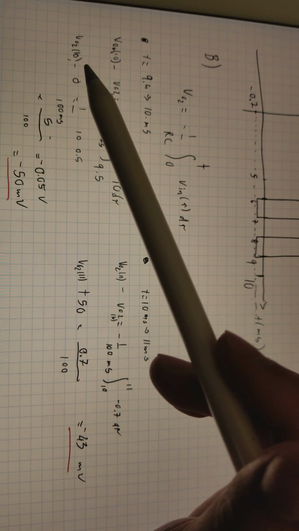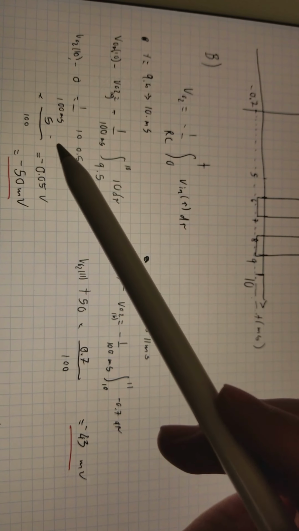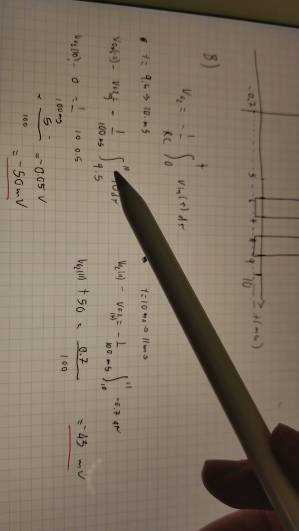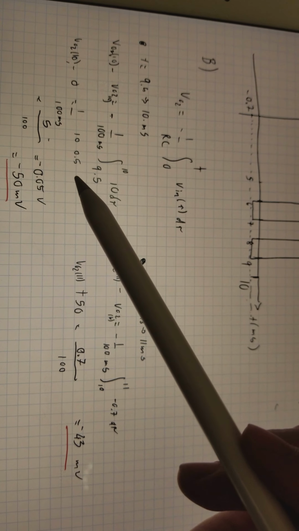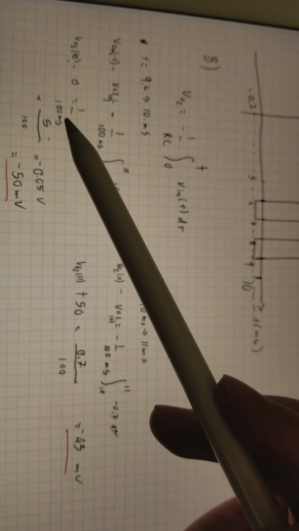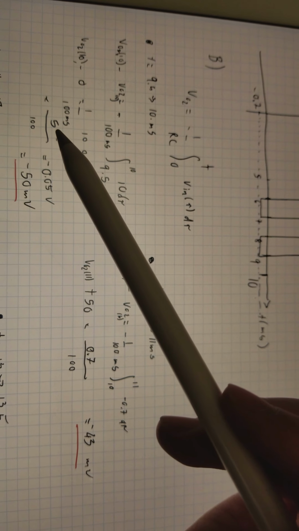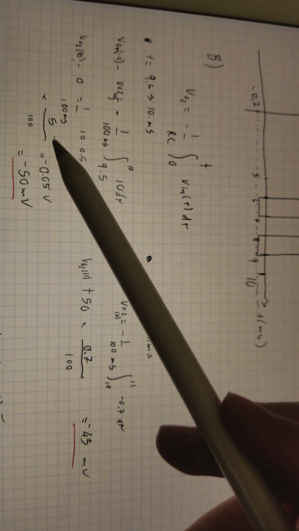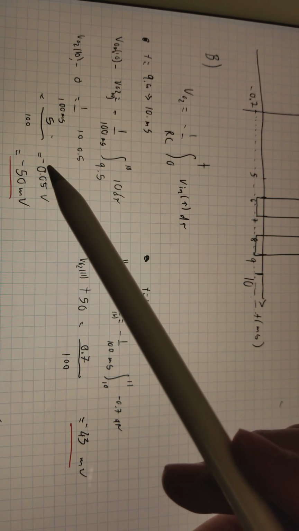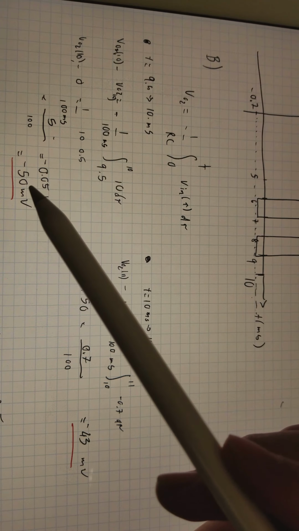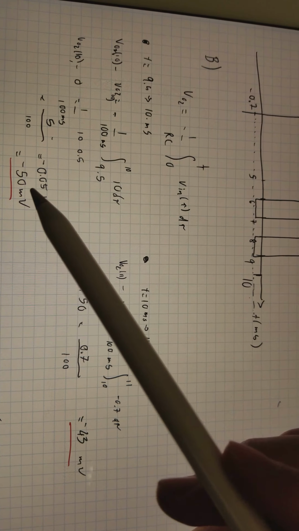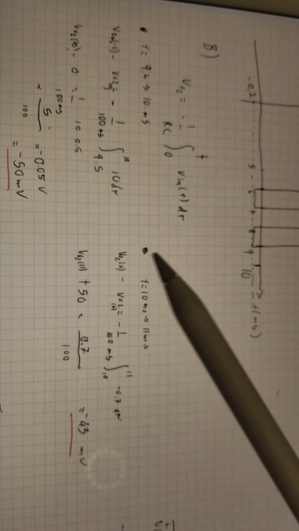It's going to be 1 over 100 times 10, and the difference between the two is 0.5 milliseconds. So milliseconds cancel out, and we get 5 over 100, which is equal to minus 0.05 volt, which is minus 50 millivolts.